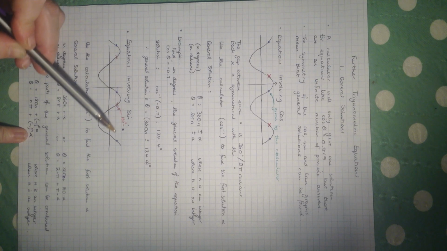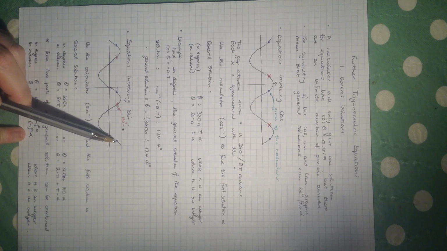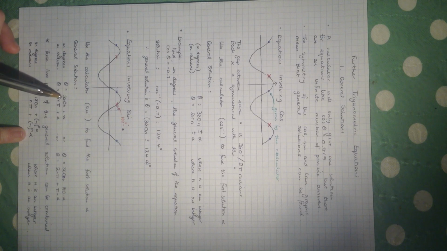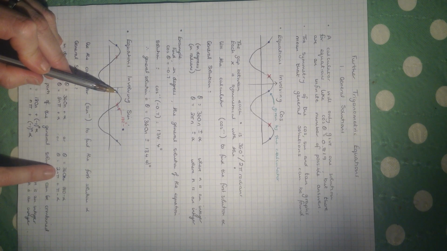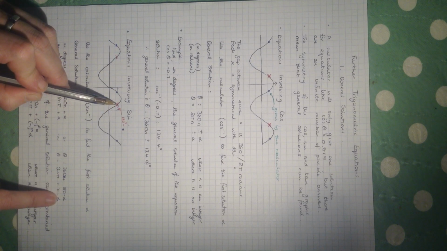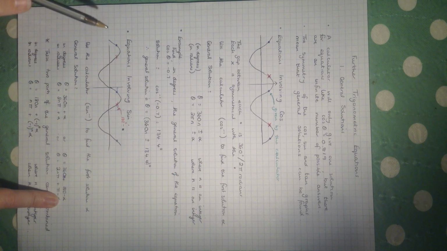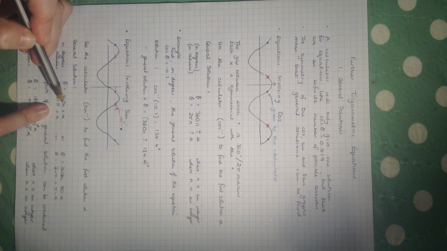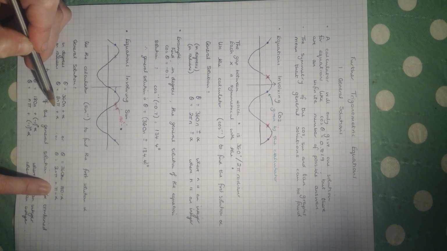Because of the way the graph works and we've got a repeating pattern every 360 degrees, we will have 360n plus alpha, which will be that one, or 360n plus 180 minus alpha, which will be those ones for the red crosses. In radians, 360 will become 2 pi and the 180 will become pi.